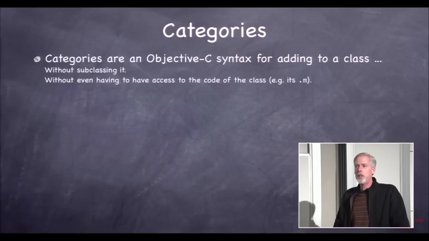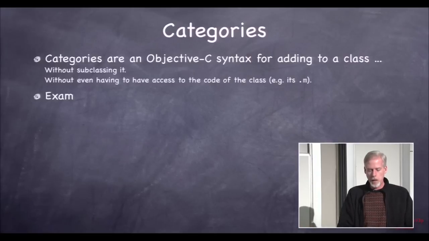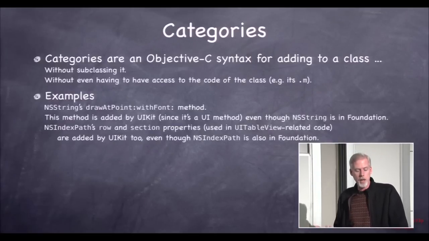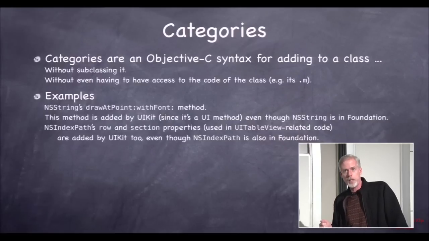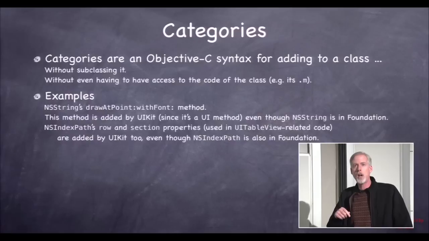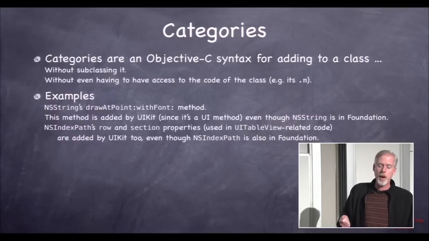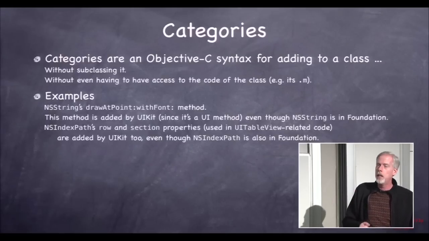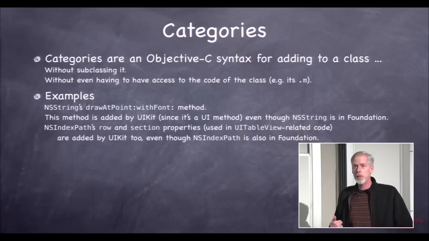So you can add methods to classes that you don't even have the source for, or that are in completely different frameworks. In fact, let's talk about a couple of examples that you have heard about already. One is NSString's drawAtPoint:withFont: method. If you remember back when I talked about how to draw text in your drawRect, I said, just send a message to NSString, drawAtPoint:withFont:. And I'm sure you were thinking, what?